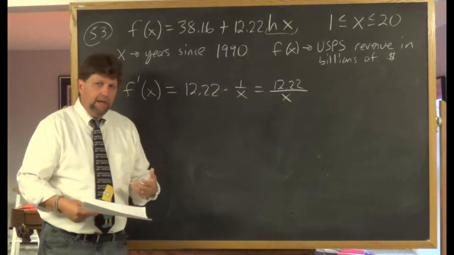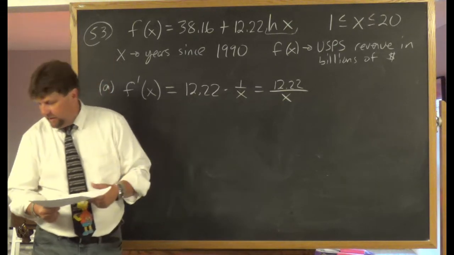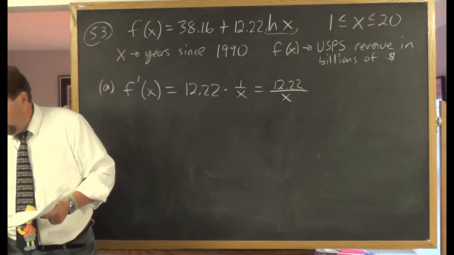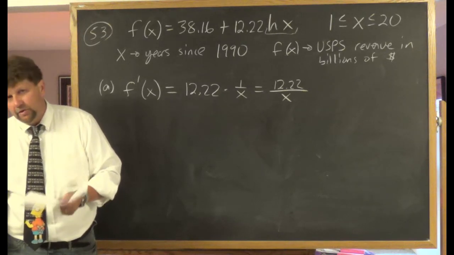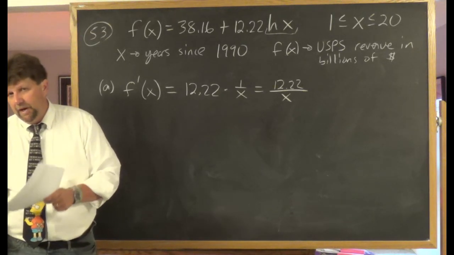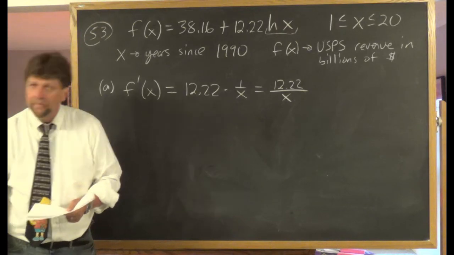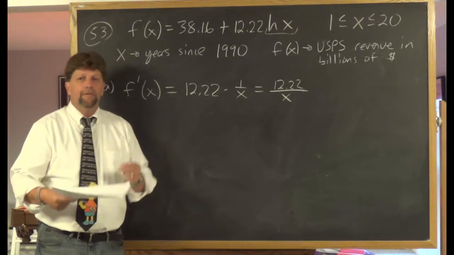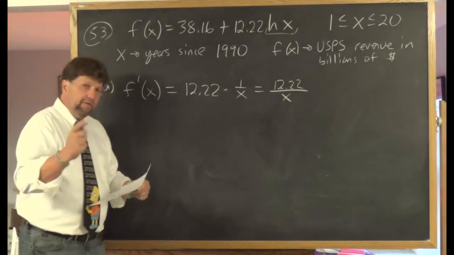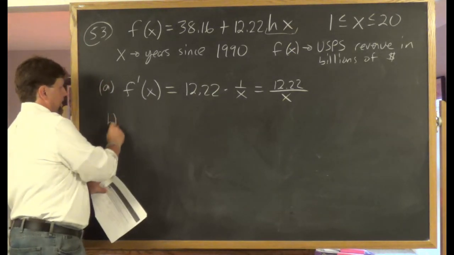So now in part B, when you're asked to compare how fast, let me read it again. According to the model, how fast was the USPS revenue growing in 2009 as compared to 1999? So you're really being asked to evaluate the derivative at two different values of x. So let's first look at 1999.